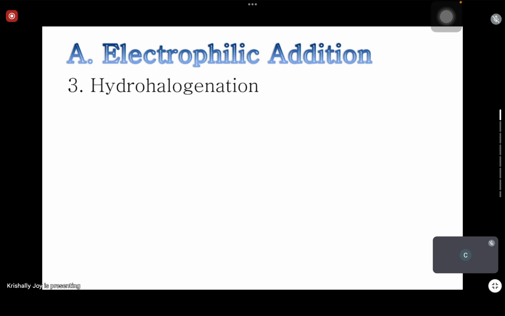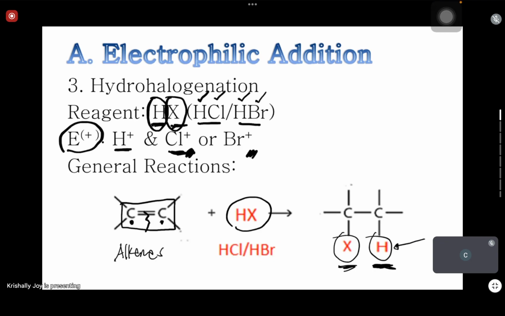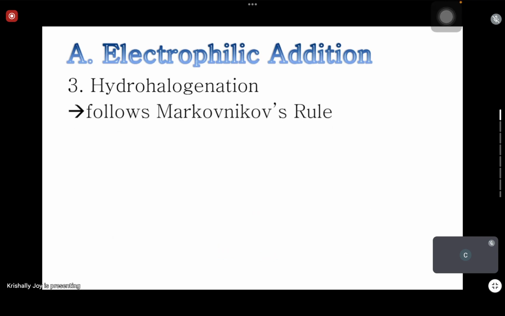Now with regards to the product, how do we predict the product of hydrohalogenation? Where should the hydrogen be attached? Where should the halogen be attached on the double bond carbons? We follow this rule, Markovnikov's rule. This will help us predict the outcome in this type of addition reaction.